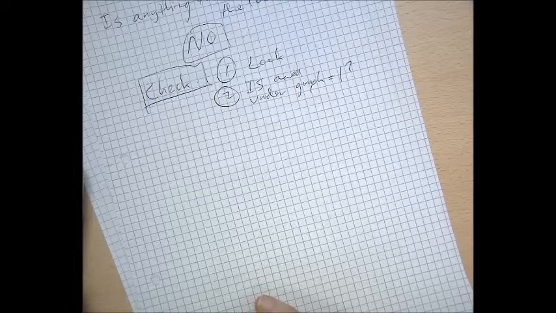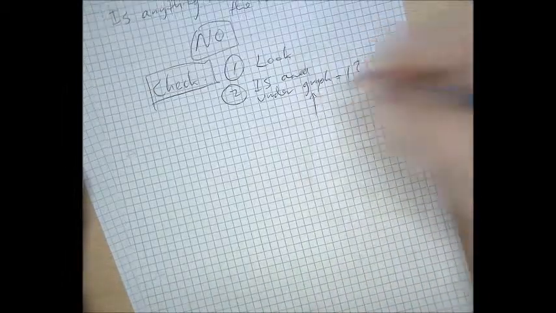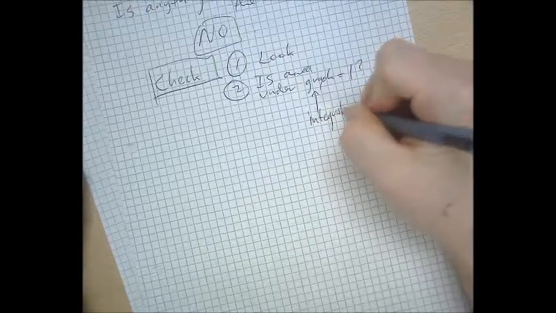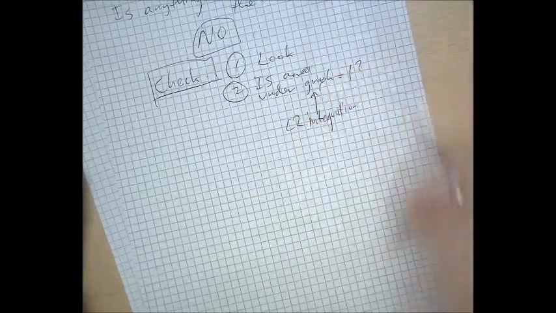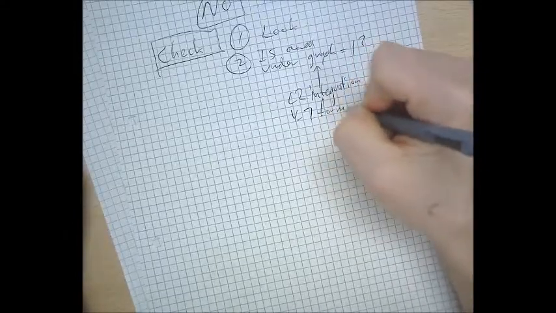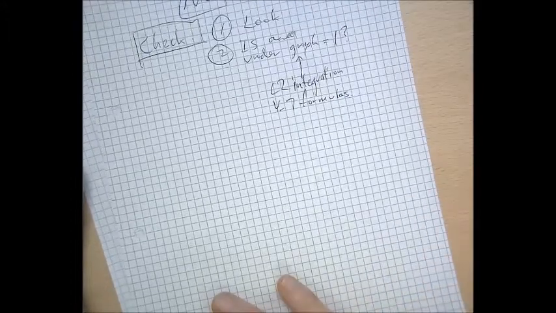If the area under the graph is not equal to 1, it's not a PDF. How do you check if the area under the graph is equal to 1? You can use Core 2 integration. You can also use Year 7 formulas. If you can tell that something is just a triangle, use half base times height. Okay? So that's the second check.